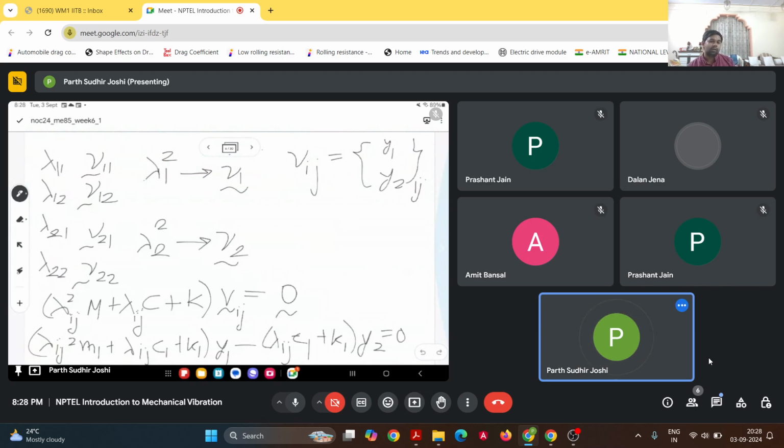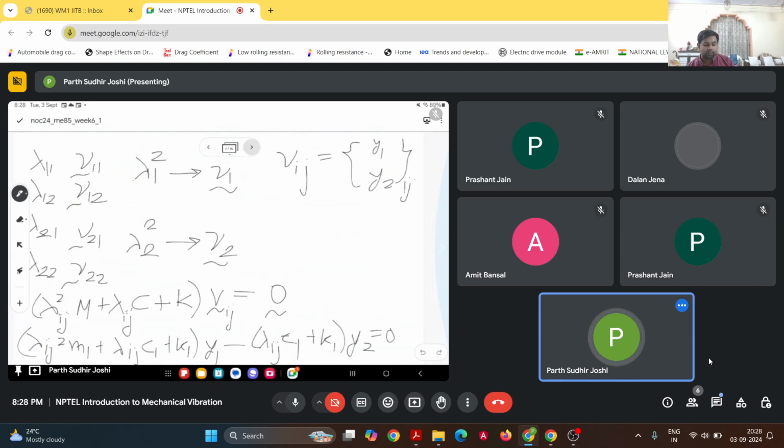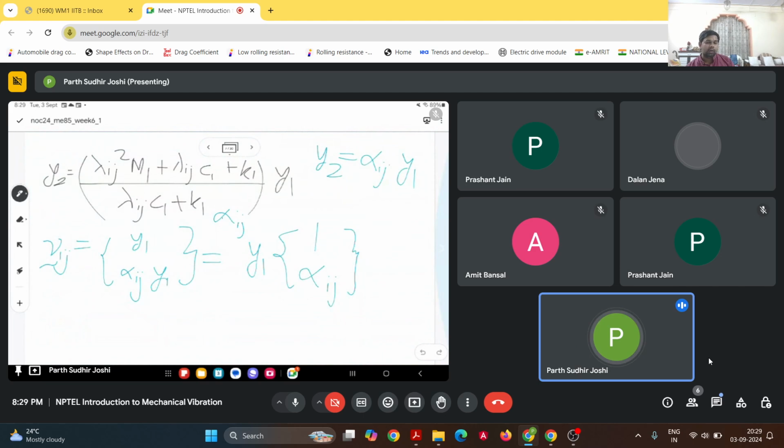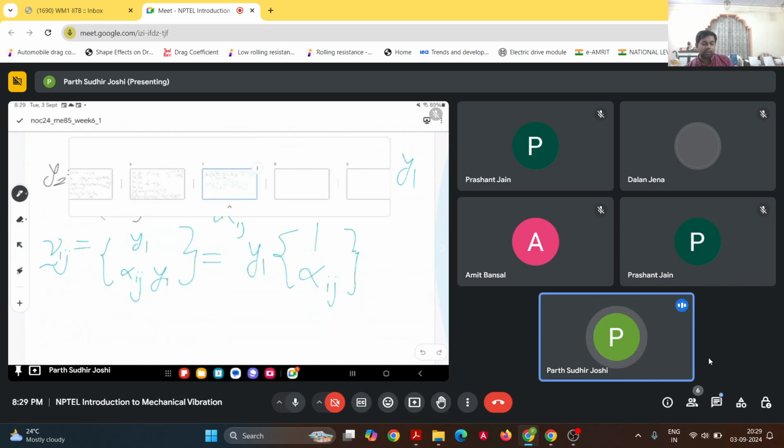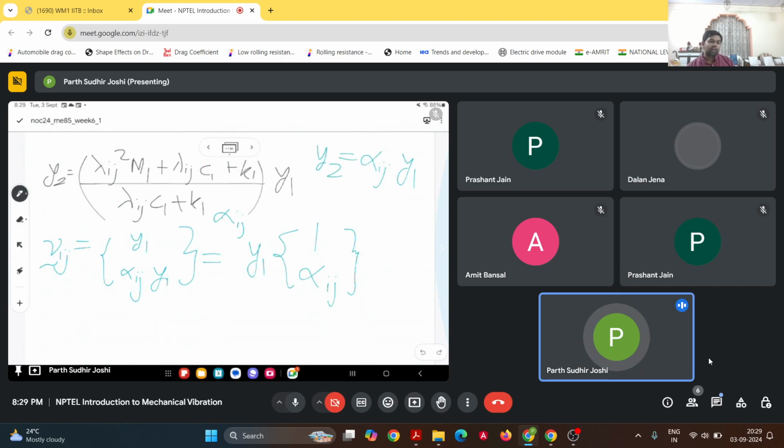So for that corresponding eigenvalue, that is essentially what we get for this. So now these are the eigenvalues and eigenvectors we got as the solutions to the homogeneous equation.